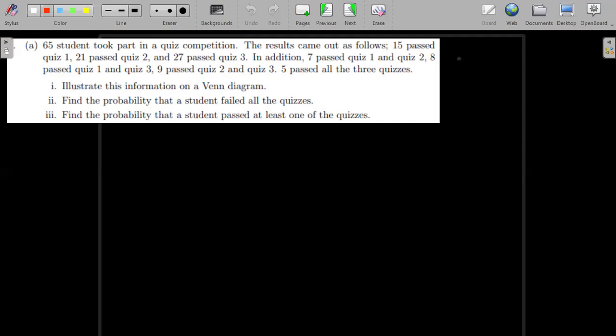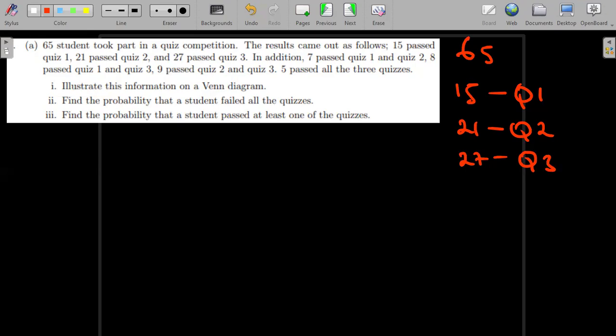So we have that 65 students took part in a quiz competition. Then they're telling us that 15 of these managed to pass quiz 1. Then 21 managed to pass quiz 2. And I have that 27 managed to pass quiz 3. Then they're telling us 7 passed quiz 1 and quiz 2.